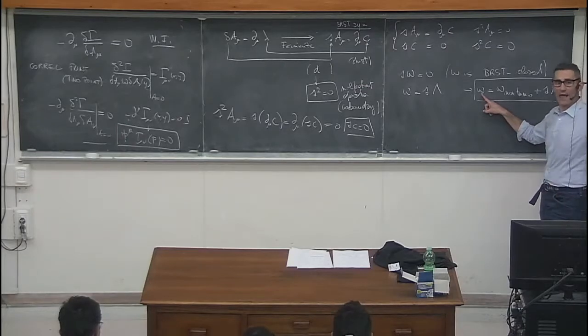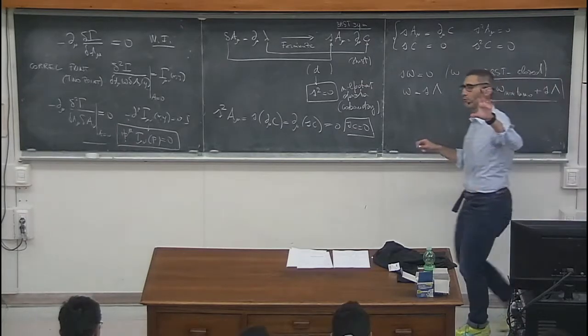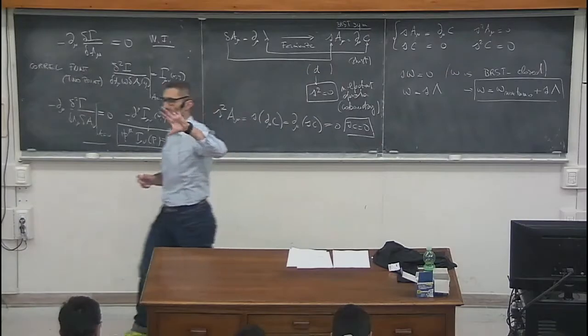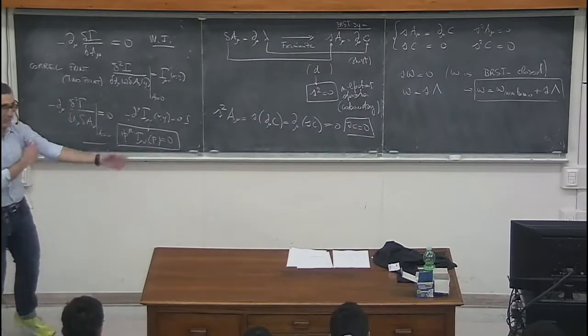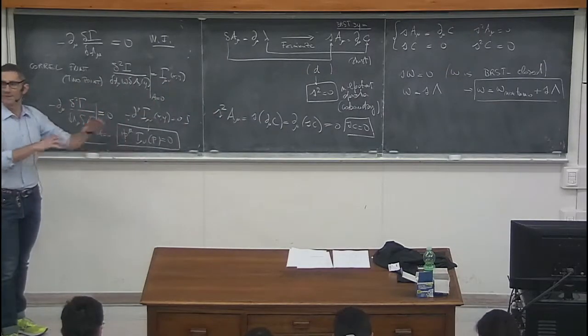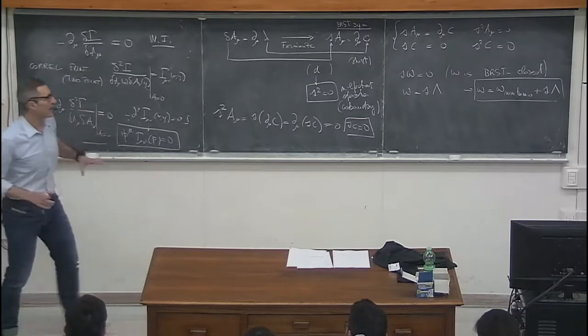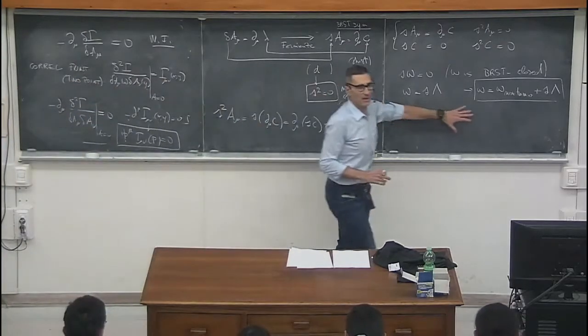I use the letter S because I don't want to confuse it with the BRST charge that was used by Berkowitz last week. I will show you the relation between the BRST charge and the BRST symmetry in quantum field theory.